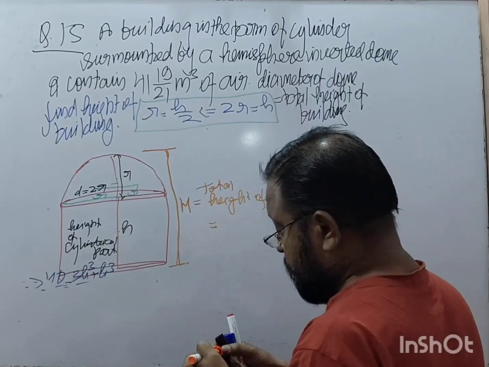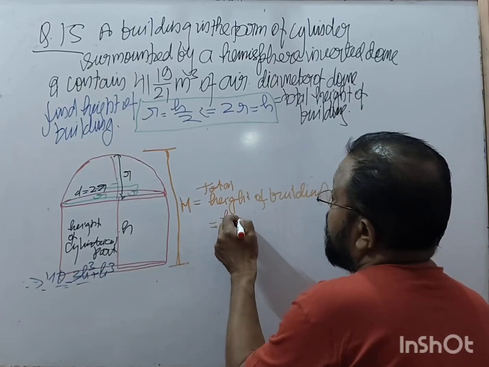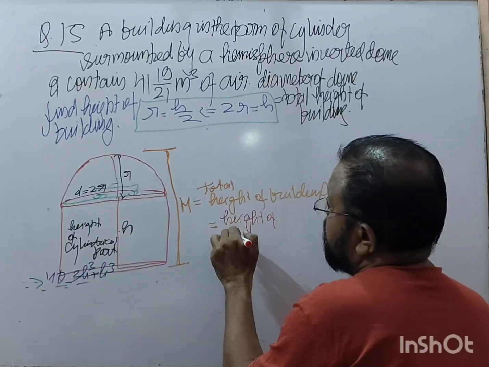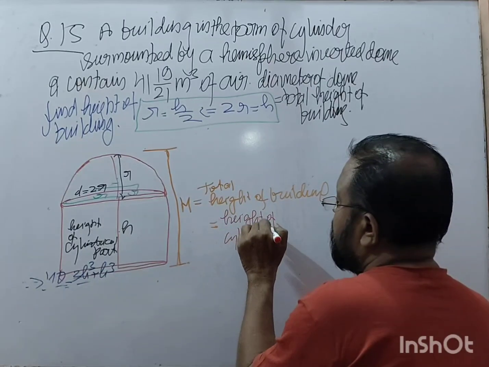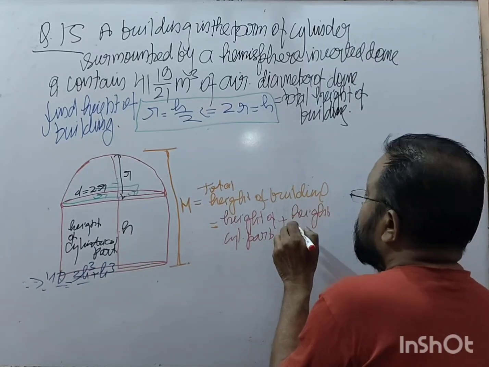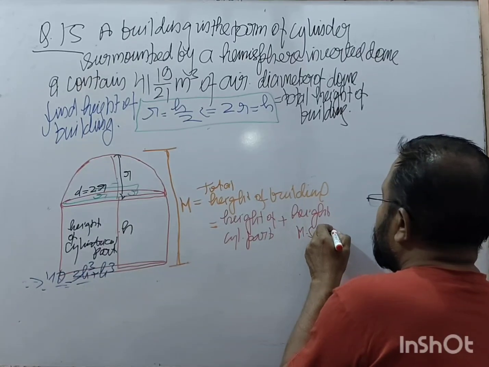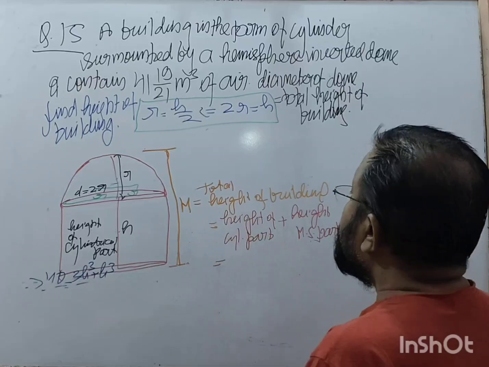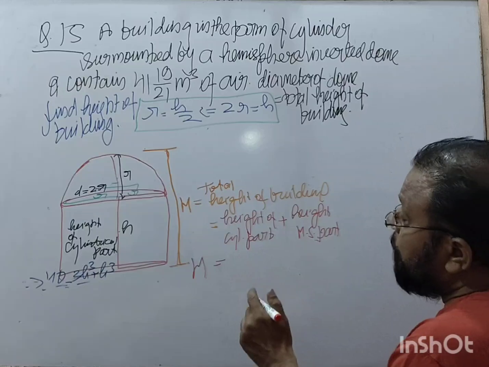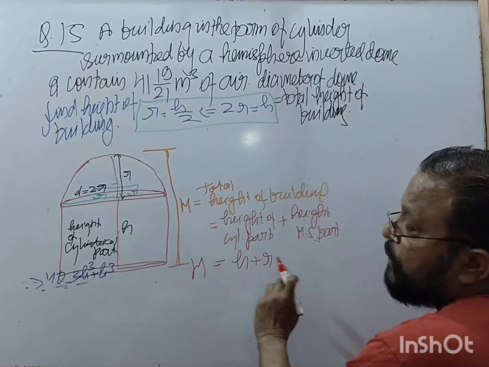That is equal to height of cylindrical part plus height of hemispherical part. So capital H is equal to h plus r.